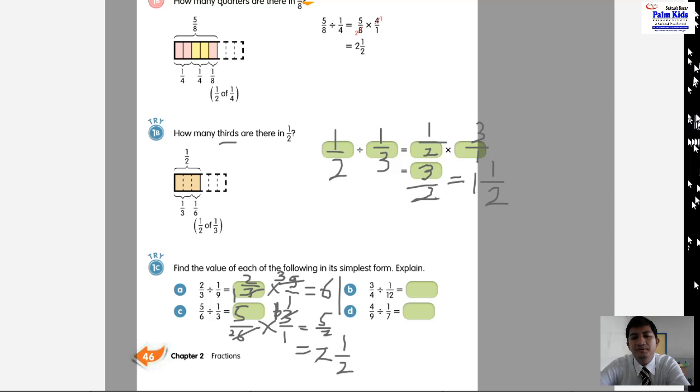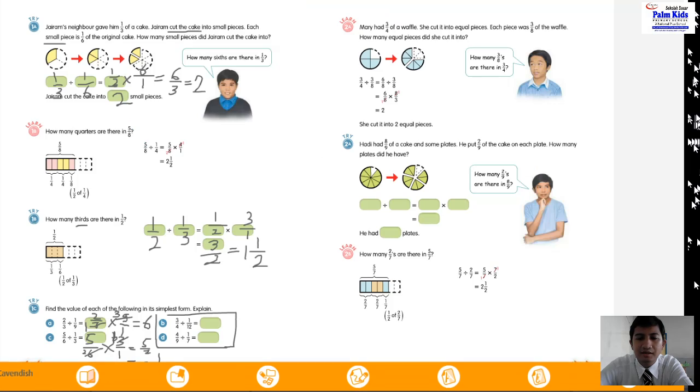Okay, you can do B and D by yourself. Don't forget to show the steps, so later when I check I know whether you are having a problem or not. That's all for division, and the others are almost all the same. You can look at the example also.